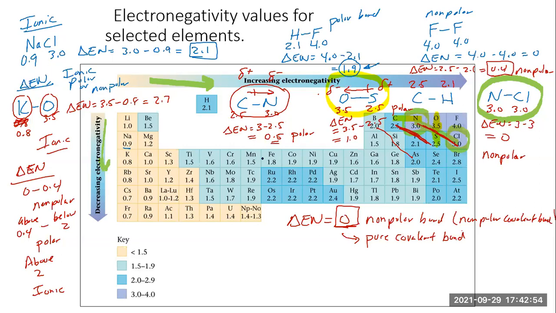If we are looking at something where the two elements are in the same period on the periodic table, like I think we were looking at carbon and nitrogen, for example, here, we look at carbon, which is right here, and nitrogen, which is right next door. Because they are in the same period or row on the periodic table, we do know just by the fact of their location that nitrogen should be more electronegative than carbon.